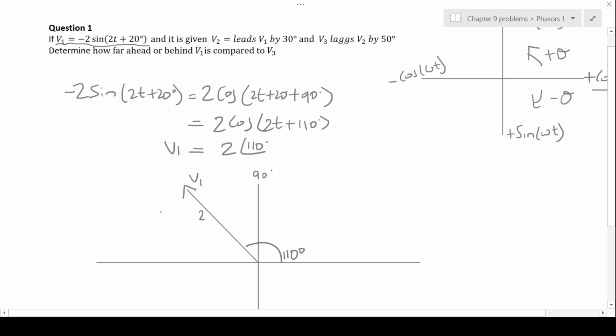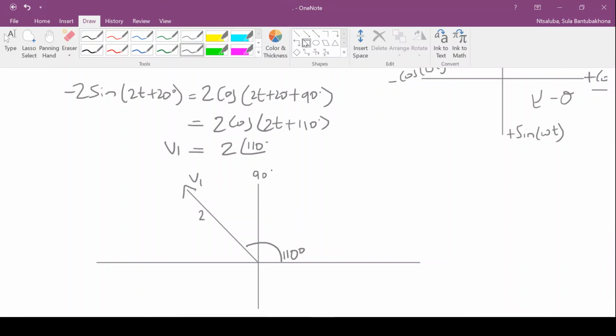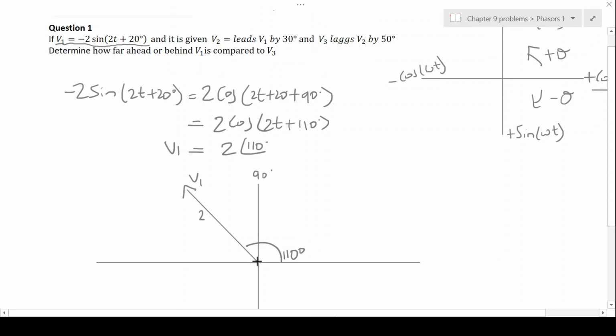So if V2 is ahead of V1, what that should tell us is that if I'm drawing this signal, it should effectively sit ahead of V1, meaning further up, with an angle difference of 30 degrees.